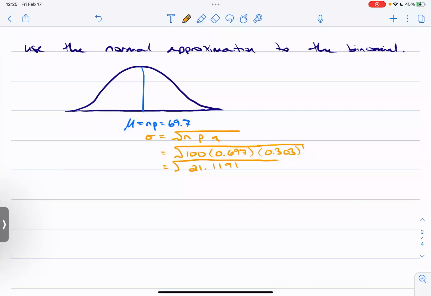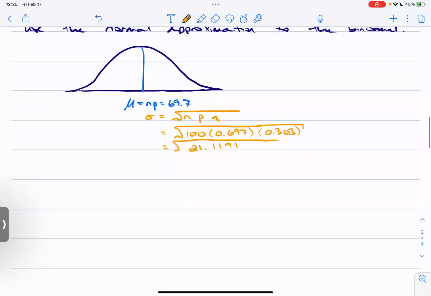I'm keeping that square root for just one step longer, because then hopefully when you look back, you won't say, oh no, I forgot the square root. So then I'm going to take the square root and I get 4.59555198.